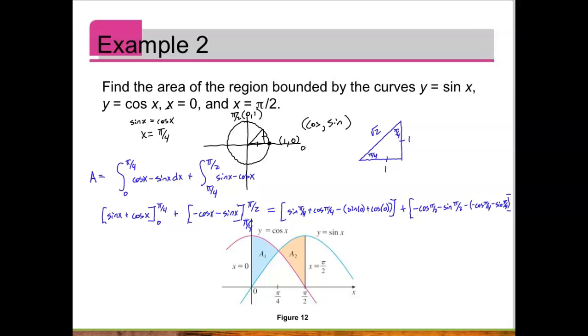All right, so let's start evaluating these. Sine of pi over 4, I need some basic geometry trig knowledge. There's pi over 4. In the triangle, what is the ratio for sine? Yeah, opposite over hypotenuse, right? So 1 over rad 2, or if you want to rationalize it, rad 2 over 2. Those are the same.